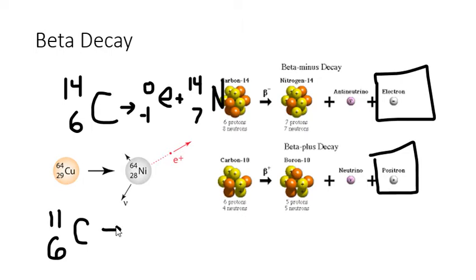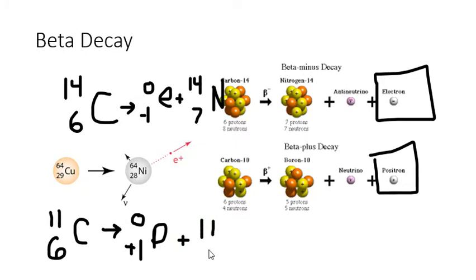If we said that had a nucleus that was excited, and in order to de-excite it went through beta plus decay, well then now it is something with a positive charge. It's getting rid of a positron if it's beta plus decay. Still no mass, because a positron is like an electron in the sense it has no mass. We're going to put P for positron, and then what does it turn into? Well, it's still going to have a mass of 11.